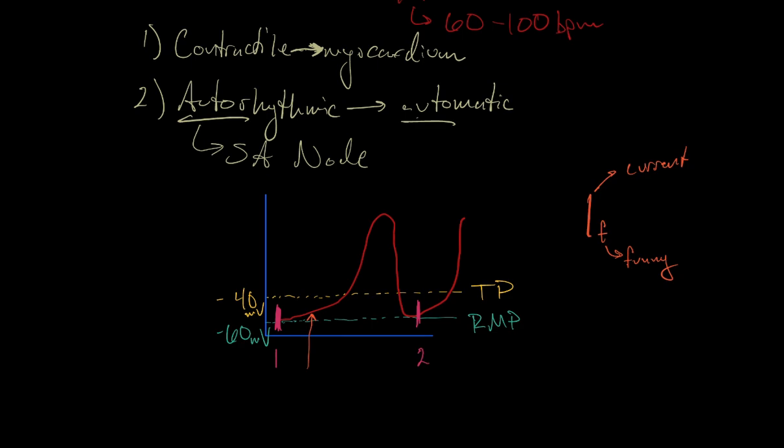So in this rising phase, these funny current channels are open, but they're more permeable to sodium. I'll write here primarily sodium influx, meaning we have sodium rushing into the cell. Somewhere around this point, I'll draw this little line, those funny current channels are going to close and calcium channels begin to open.